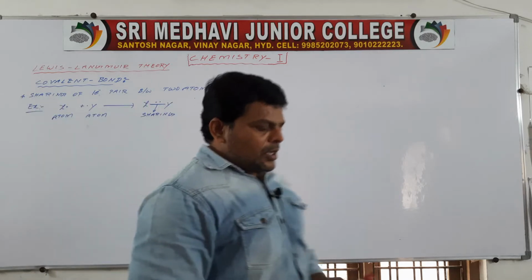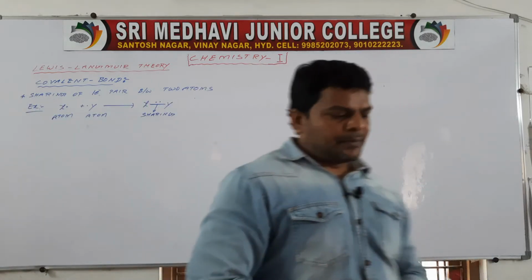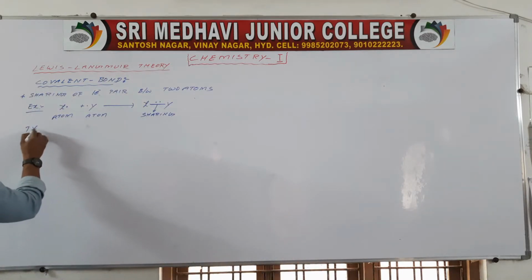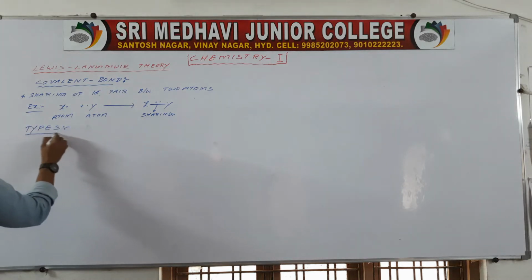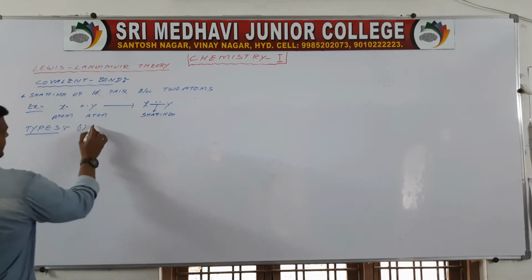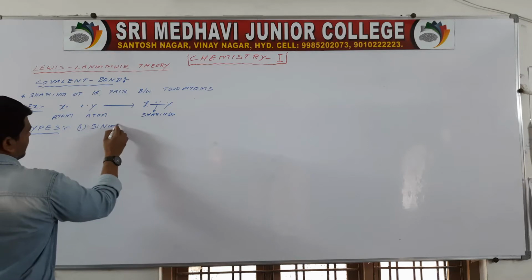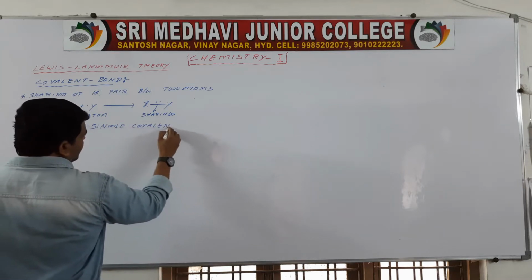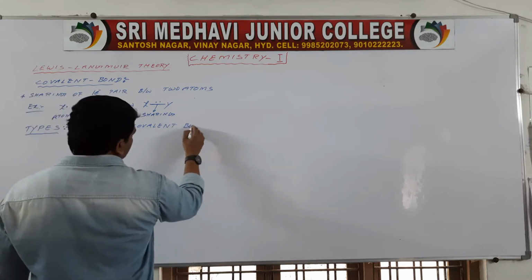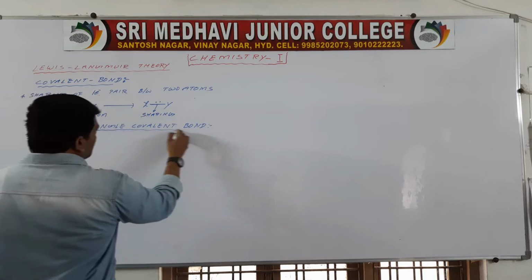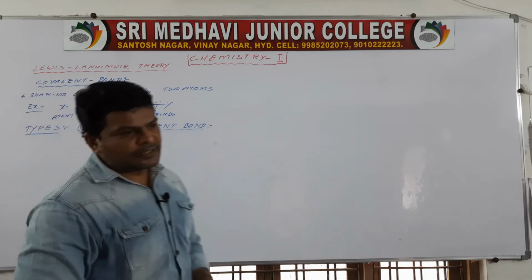Okay. Types of covalent bonds. How many types? 3 types. The first one is single covalent bond. How is the single covalent bond formed?